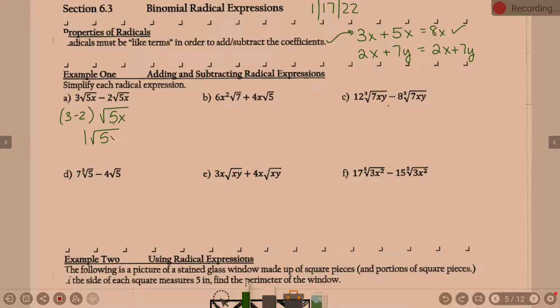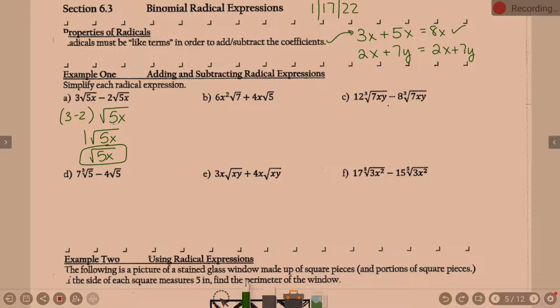And so then this is 1 times the square root of 5x. But am I going to write 1 square root of 5x as a final answer? No. Do we usually write 1x as a final answer? No, you don't have to write 1 as a coefficient. So in this case, I'm just going to write square root of 5x.